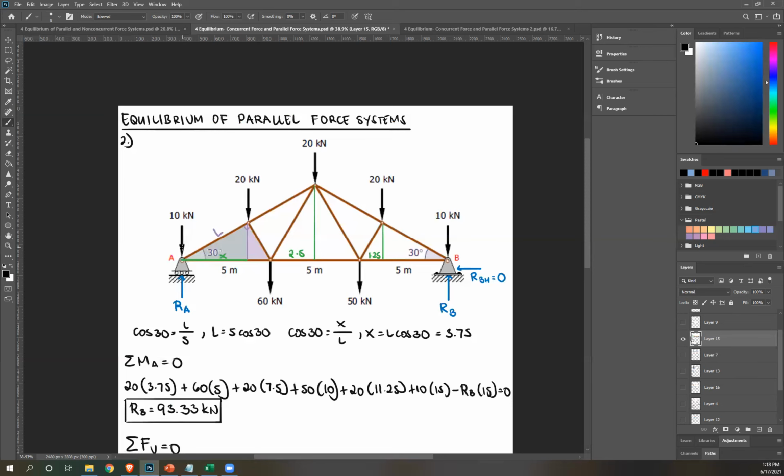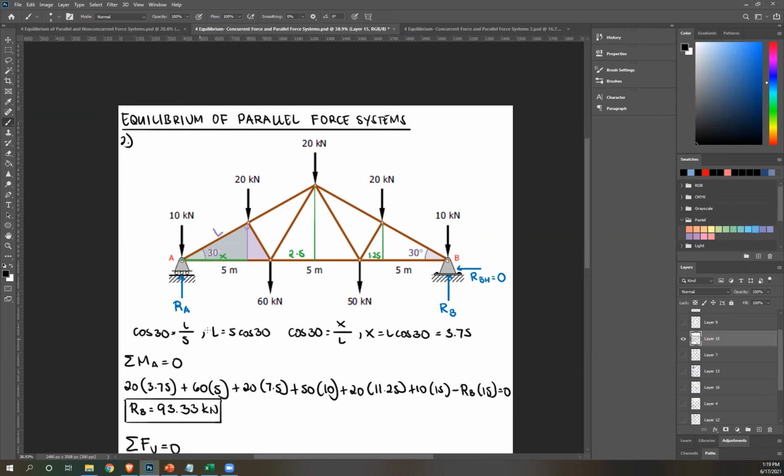If I use moment about A, we'll encounter the same problem we did in the previous question. We don't know the perpendicular distance of the force to your point A. Okay, so we're going to do what we did previously. We use right triangles to solve for that value.